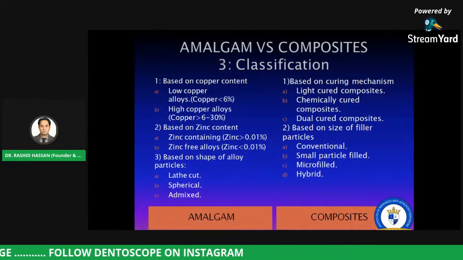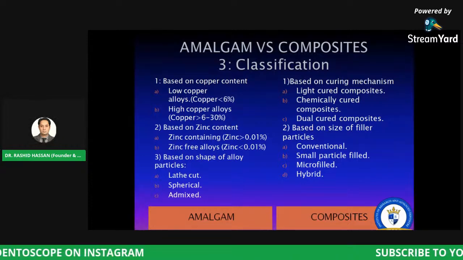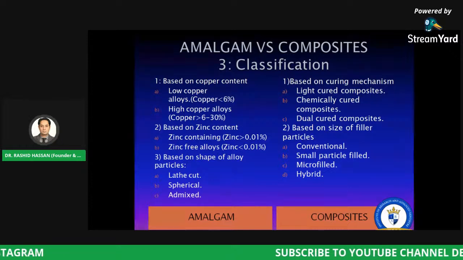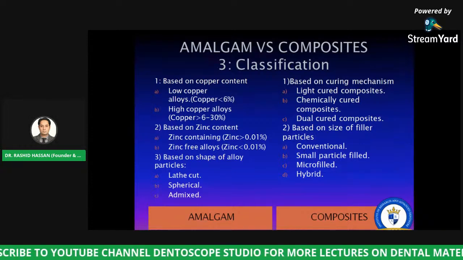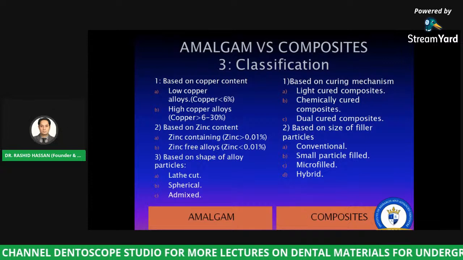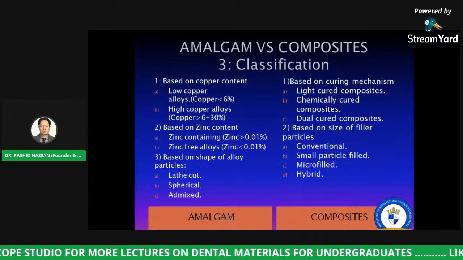So, what exactly is that percentage? If the amount of zinc is greater than 0.01%, you call that dental amalgam zinc containing dental amalgam.